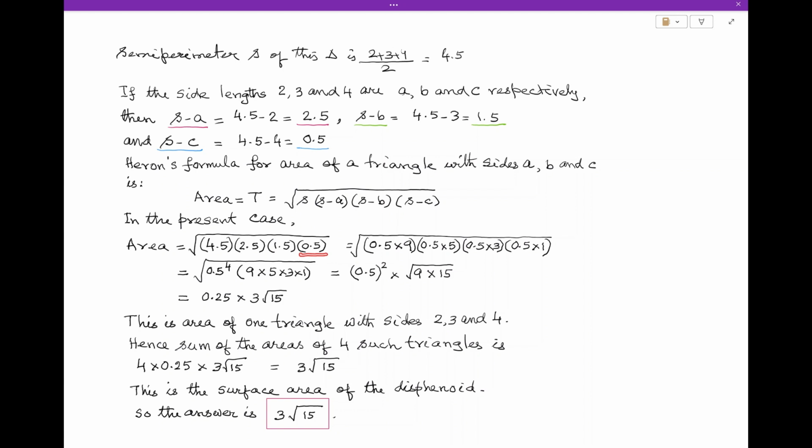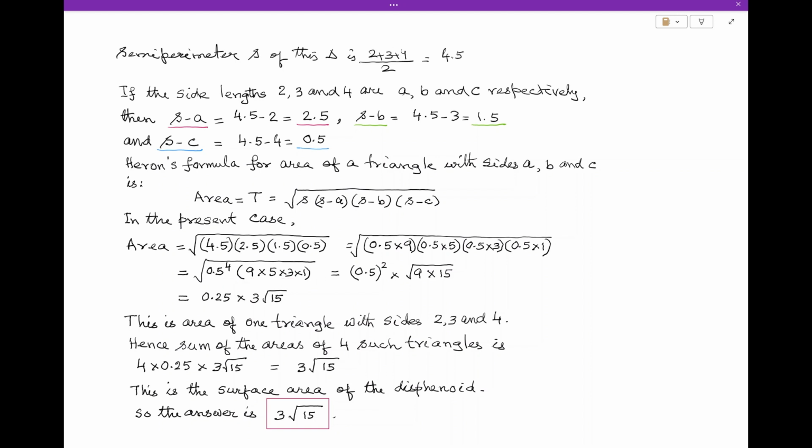Since 0.5 is present in all four terms, we take it out in the following manner: the square root of 0.5 into 9 multiplied by 0.5 into 5 multiplied by 0.5 into 3 multiplied by 0.5 into 1, which is equal to 0.5 raised to the power of 4 multiplied by 9 into 5 into 3 into 1.